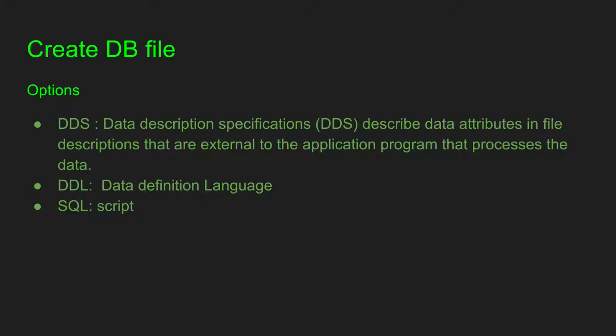That's the old-fashioned way of creating data files in AS400. It's positional. You can also use the more modern data definition language that Oracle and other databases have. And you can also go straight to SQL scripting and do a create table, and voila, then you have a table there.